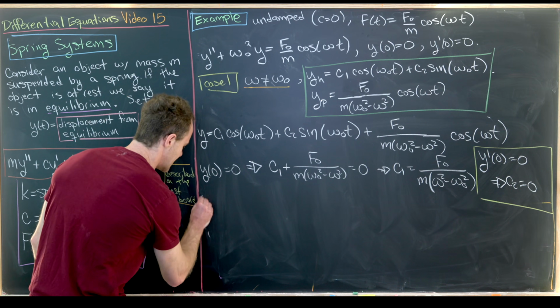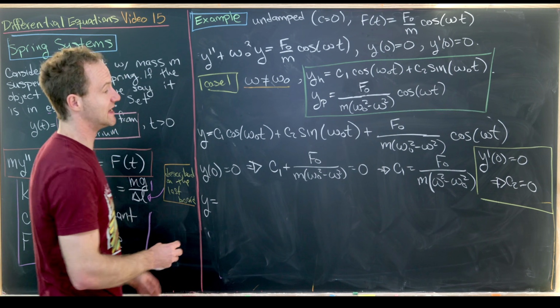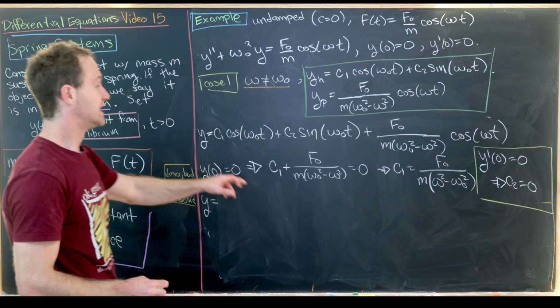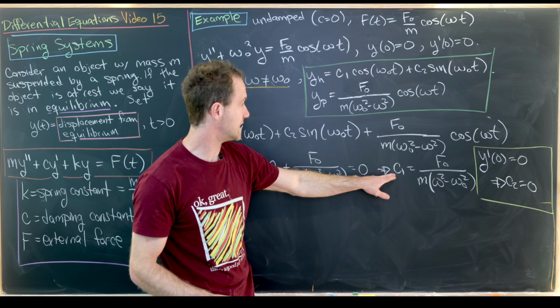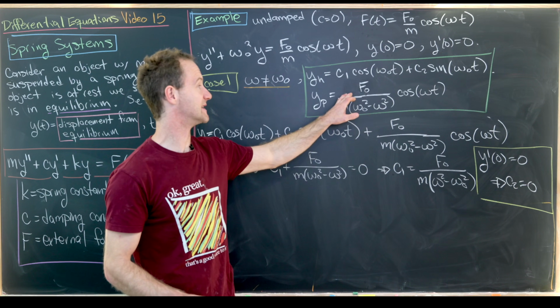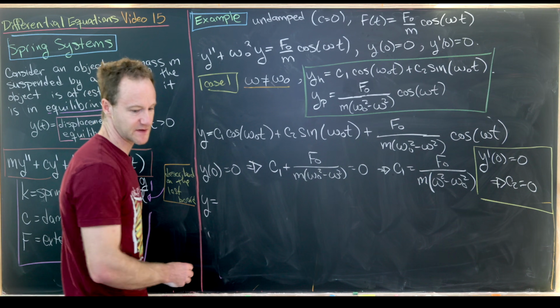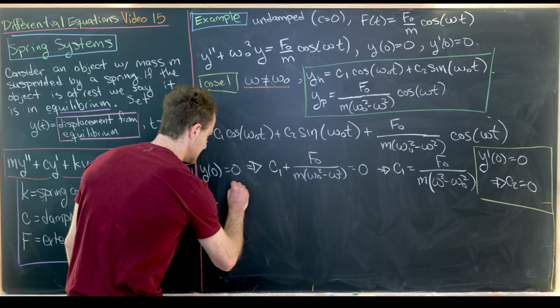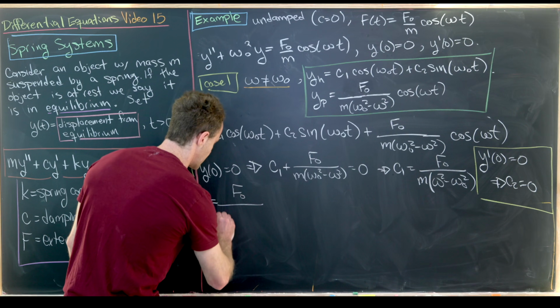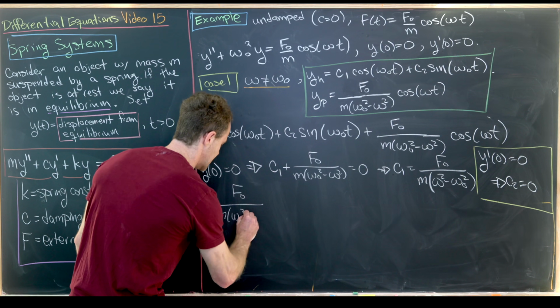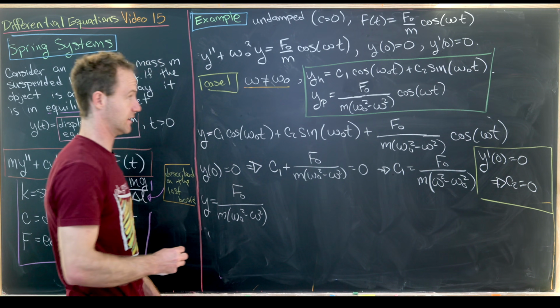So that means we can write down our most general solution in the following form, keeping in mind that c1 here is essentially the same as this with a changed sign. So let's maybe write this down. We've got that y is equal to f naught over m times omega naught squared minus omega squared.